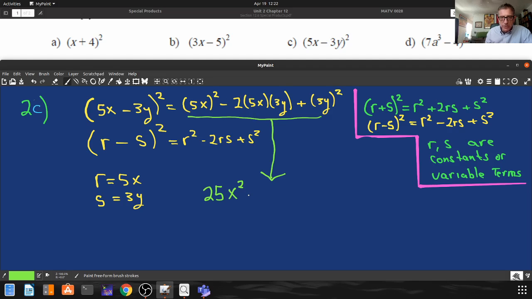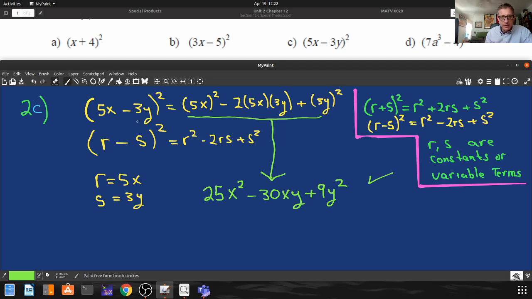So that's minus 2 times 5, which is minus 10, times 3, so that's minus 30. And I think people prefer to put the variables in alphabetical order. You just got to choose one and be consistent. And then we have plus 3y squared, and 3y squared is 3 squared, which is 9y squared. Okay. I hope you got that answer.